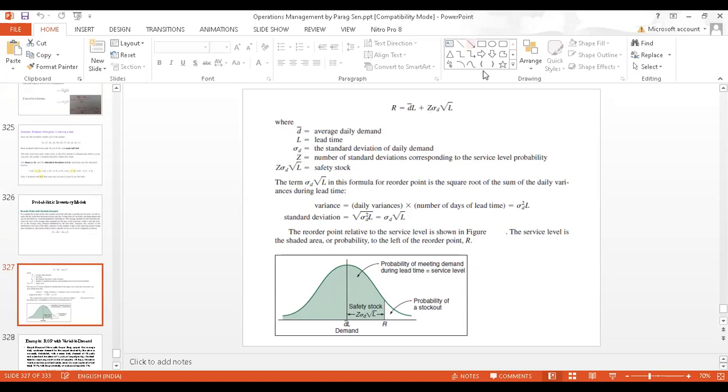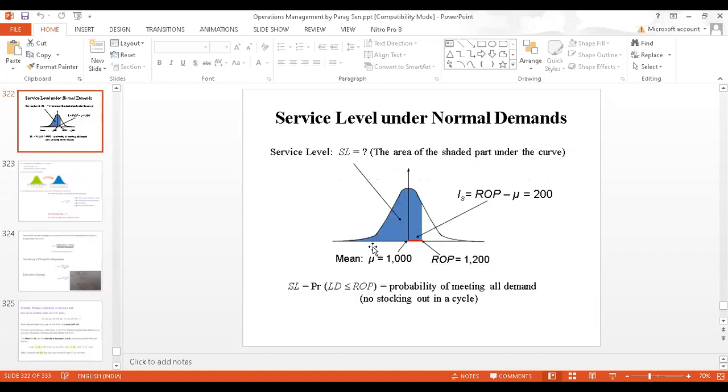Why? Because the reorder point is given by the demand during lead time plus the safety stock. Demand during lead time is given by d bar into L, average daily demand into lead time, plus safety stock. Safety stock means your reorder point minus mu, where mu is the average demand during the lead time.